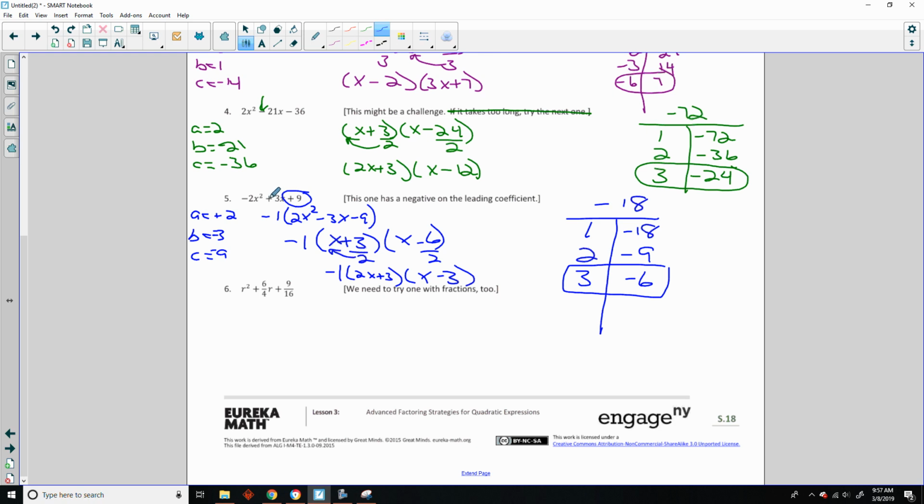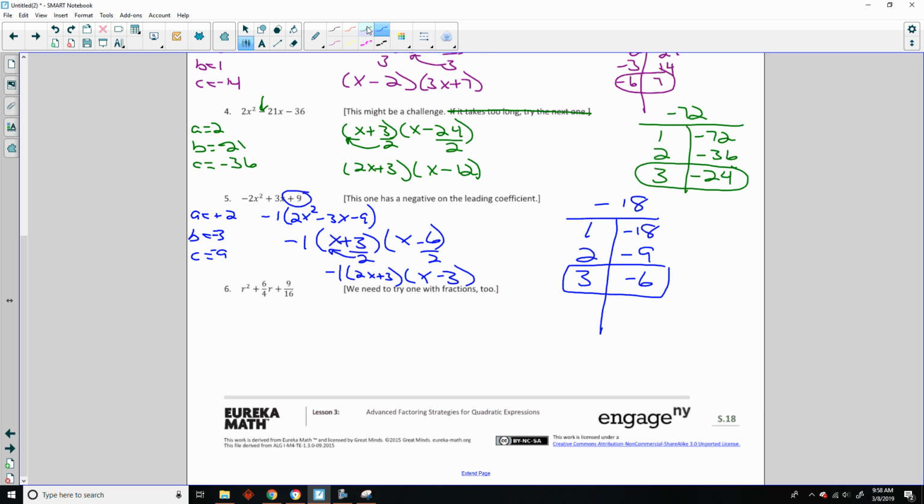If I multiply this by negative 1, I get negative 2x minus 3, and a negative times a negative is positive. But then I have a negative 2x times x, which is a negative 2x squared. I have a negative 6x and a negative 3x, which is negative 9x. Okay, so I do not want this to be negative because then I'll get 3x in the middle. Okay, let me explain that. I'll do both.